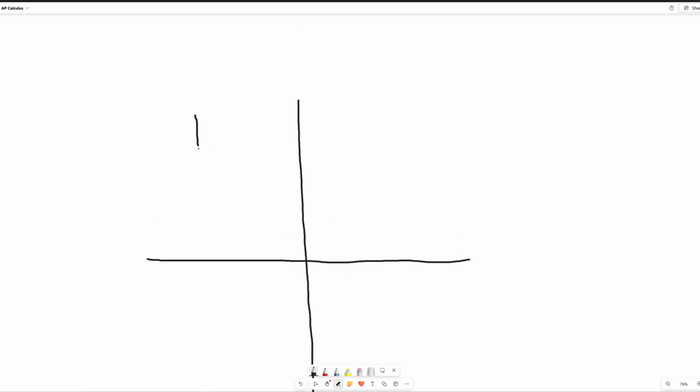So let me draw some curve over here, right? If you wanted a tangent line from here to approximate this point, this tangent line wouldn't be too accurate.